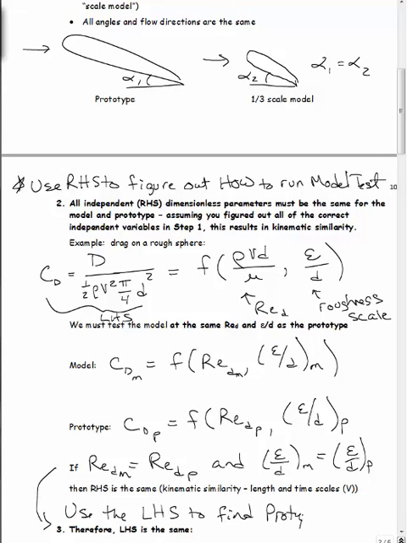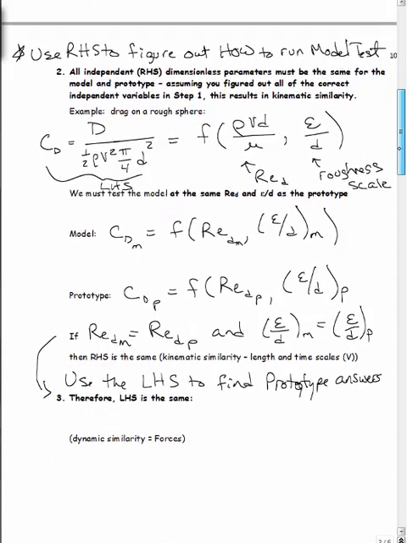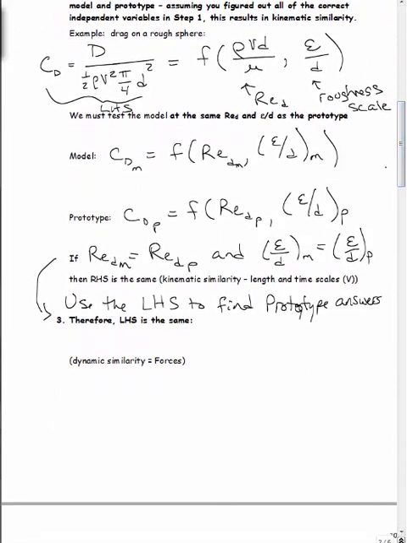That's what you're looking for, prototype answers. If everything on the right-hand side is the same, well then the left-hand side has to be the same as well. So that means CD for your model is going to equal CD for your prototype. And that drag that you're trying to find, well that's embedded in your CD. So you're going to be able to solve for your drag. That's what you're trying to find.